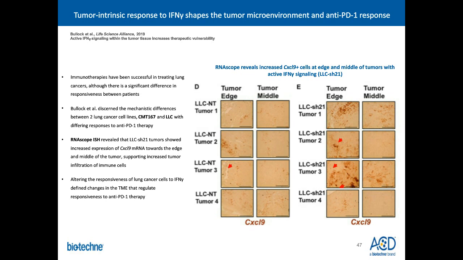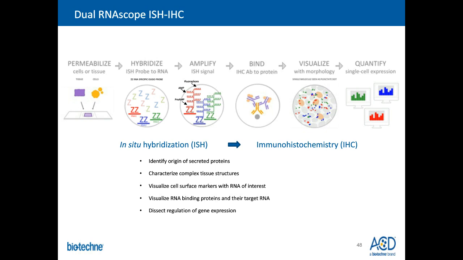In addition to detecting soluble factors, we can combine our RNAscope technology with IHC or IF, which allows visualization and detection of RNA and proteins simultaneously. This can be extremely significant if you're trying to characterize complex tissue structures, identify the origin of secreted proteins, and so forth.